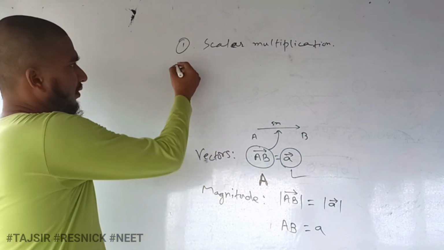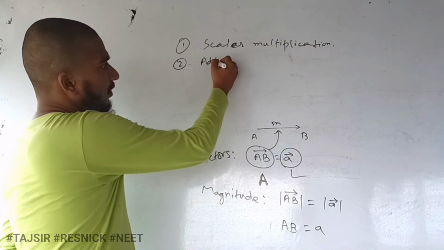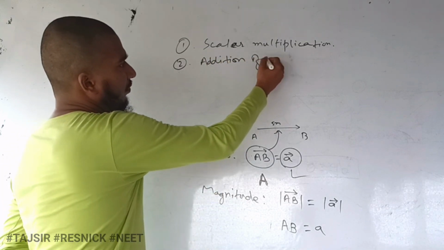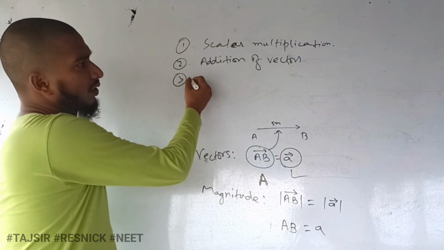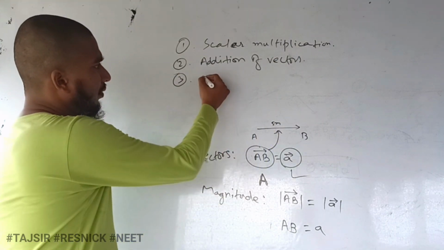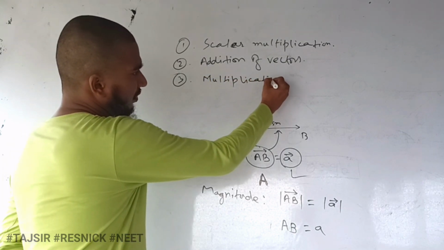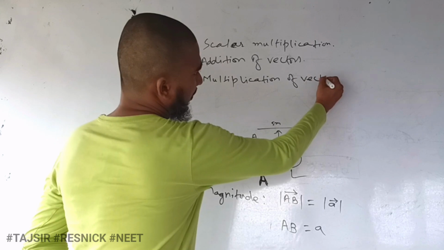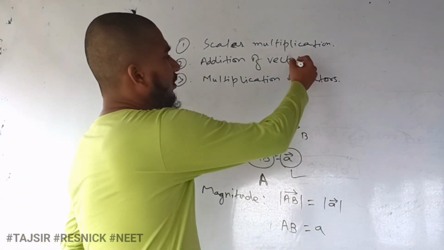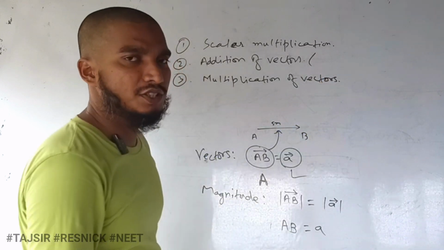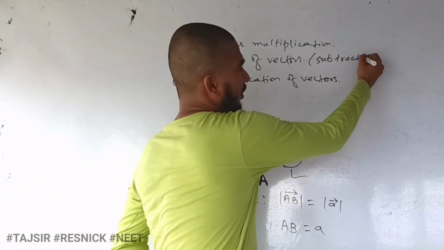The second operation will be addition of vectors. The third operation is going to be multiplication of vectors. In addition, we will combine subtraction, because both are the same thing. How? We will see it.